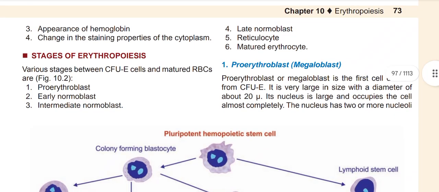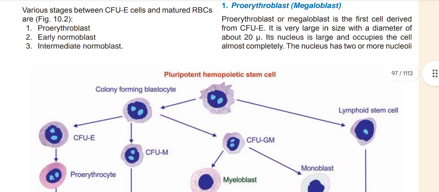Now we will discuss the stages of erythropoiesis. Various stages between CFU cells and mature RBC are: first of all, proerythroblast, then early normoblast, then intermediate normoblast, then late normoblast, then reticulocyte, and the last stage is matured erythrocyte. First of all, we look at the diagram.